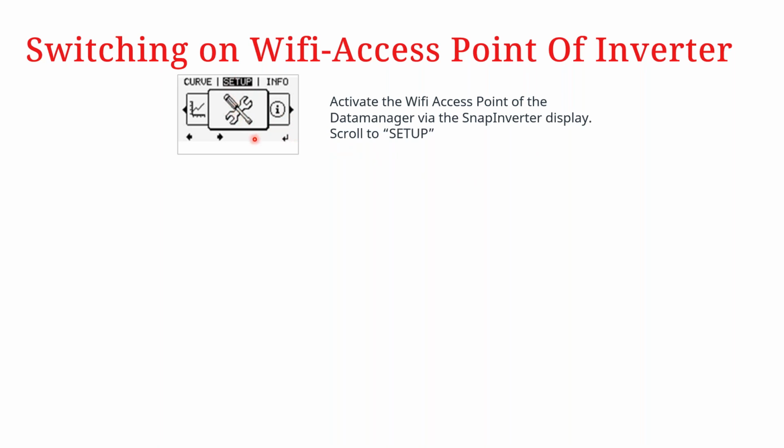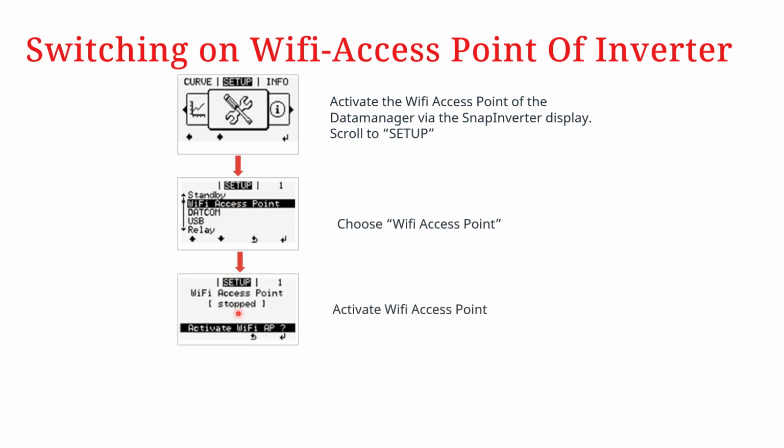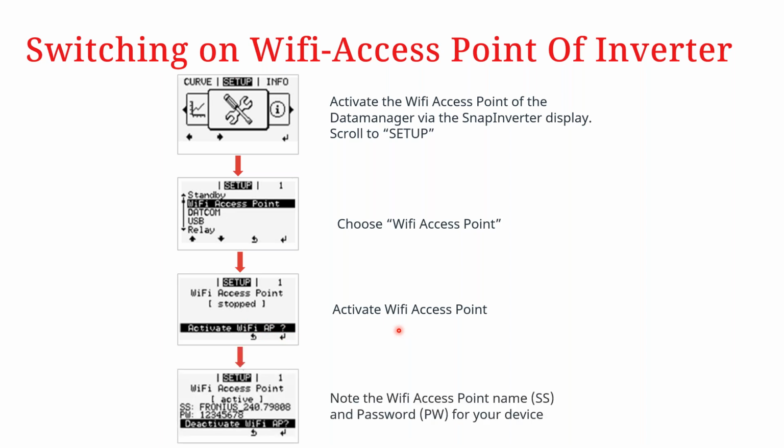Once you scroll to setup, we can select it. Then please choose the Wi-Fi access point option. Once that is done, you can activate the access point, because in this case, it will be asking you the question to activate Wi-Fi access point. Once you click on enter, it will automatically open the Wi-Fi access point.